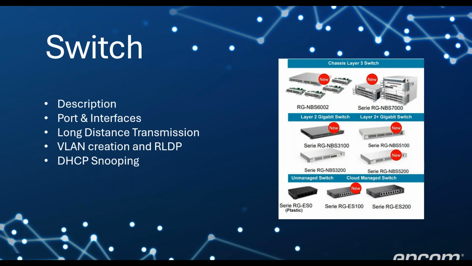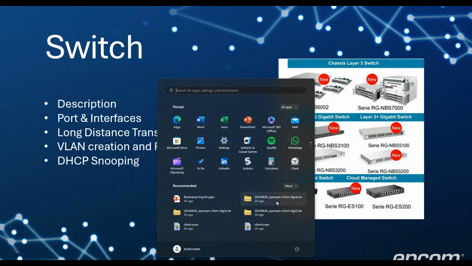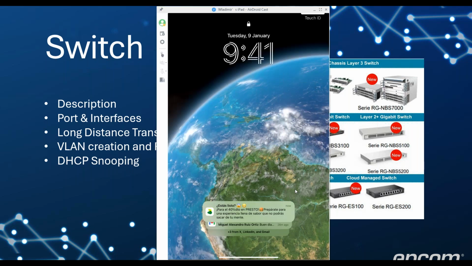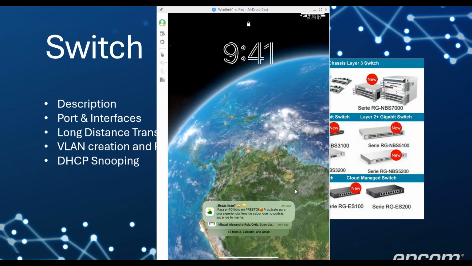We're going to display the long distance transmission, the VLAN creation, what RLDP is, and DHCP snooping. So for this, I'm going to open up my, just give me a second.